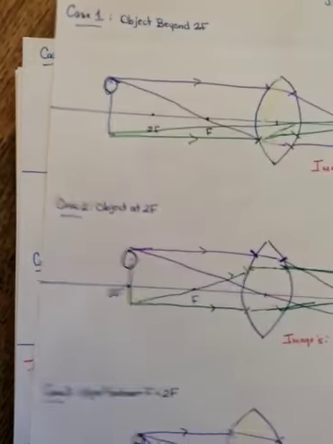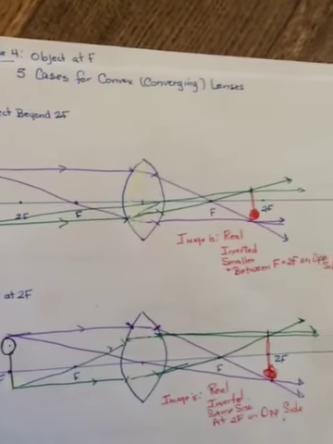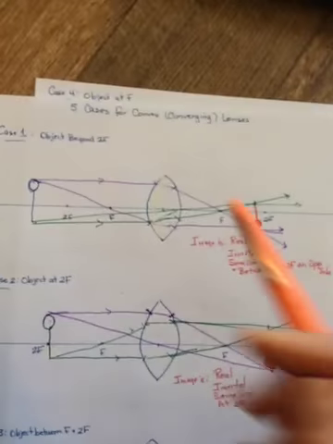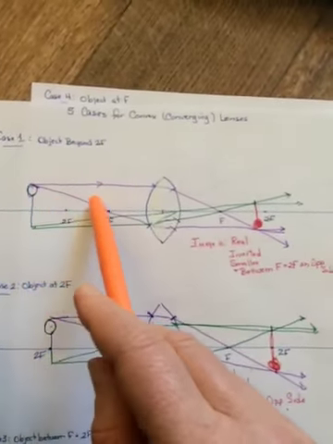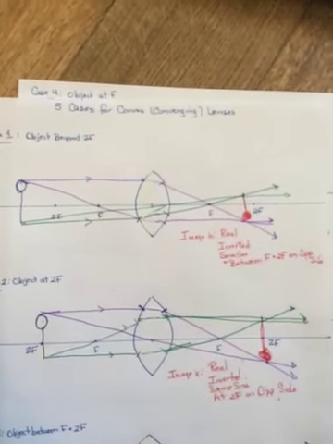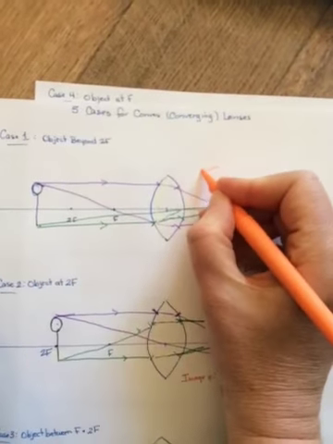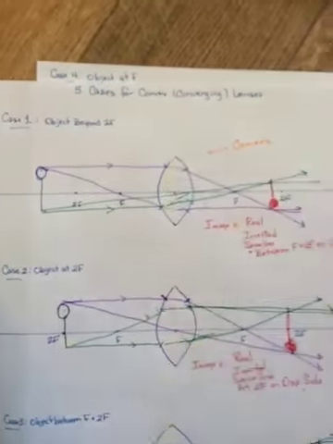But before we move on, let's just go back to case 1. What I'd like to do is go through them and say, where have you seen this one being used? Because all of these we use. So this one, where the object is large and the image ends up being tinier and on the other side, this lens we often use in cameras, right?